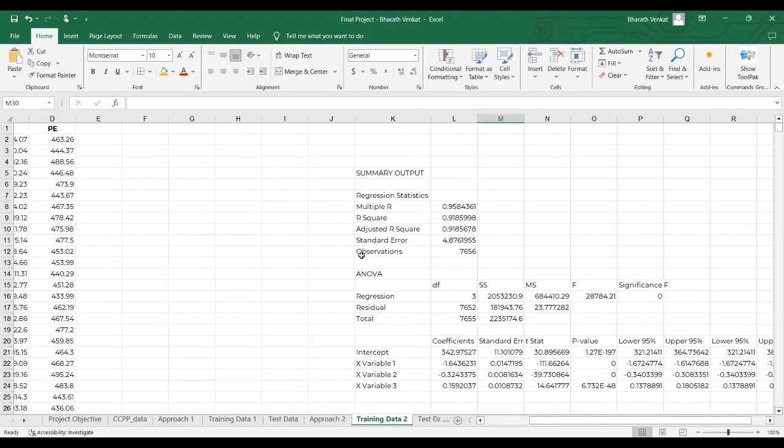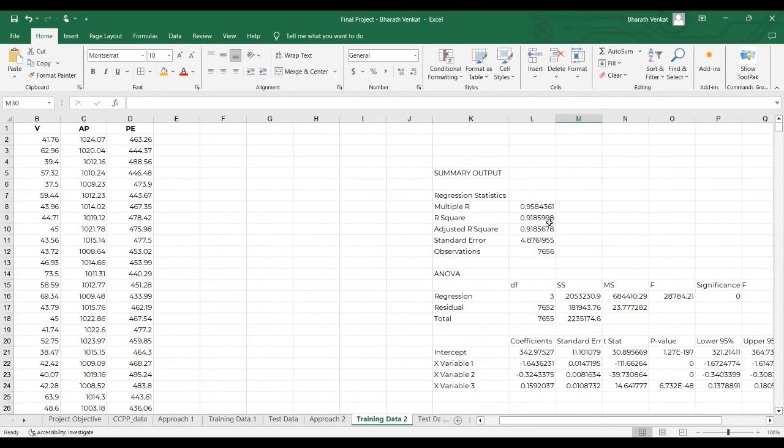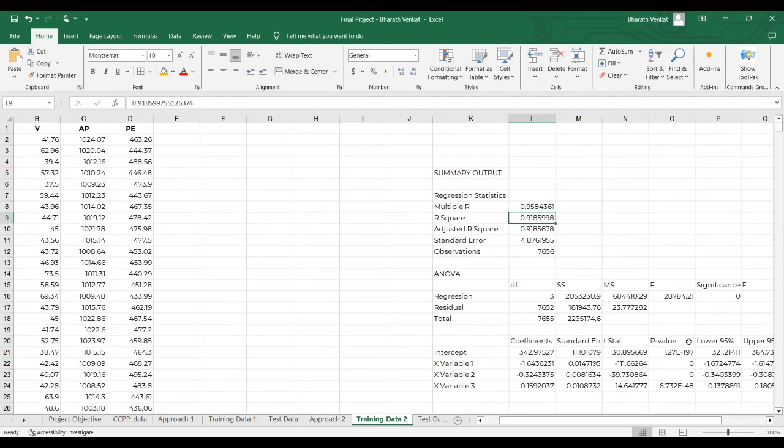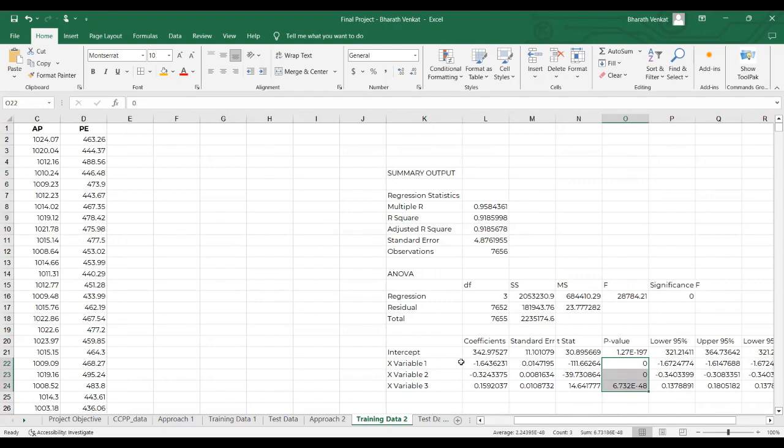For this, we saw that the R square was a little lower, around 0.91 or 91%, but still all of the values did come out significant. So it still holds good, and that is what we saw earlier too. Each and every variable was independently significant and impacted the output. So that is a good analysis.